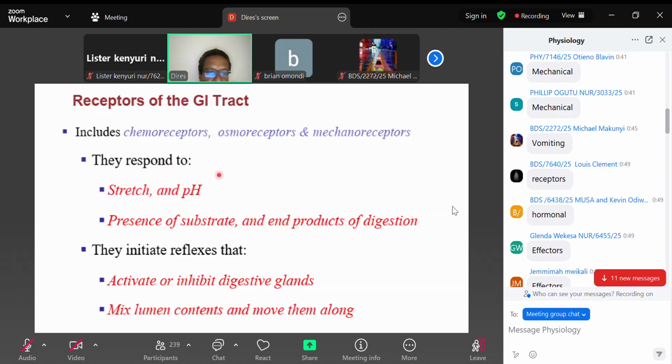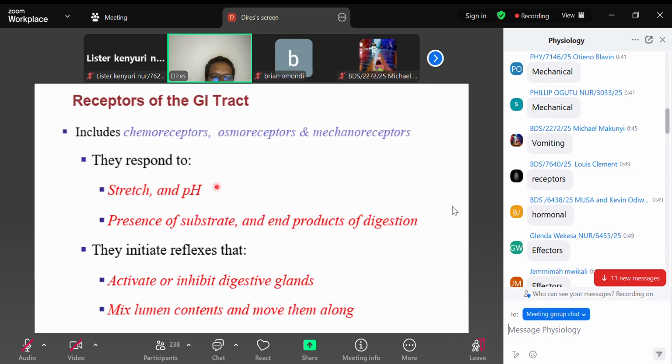Now let me expand a little bit on this. What are the receptors of the GIT? Basically there are two, mechanoreceptors and chemoreceptors. In some books, osmoreceptors are added, but osmoreceptors are also called chemoreceptors.